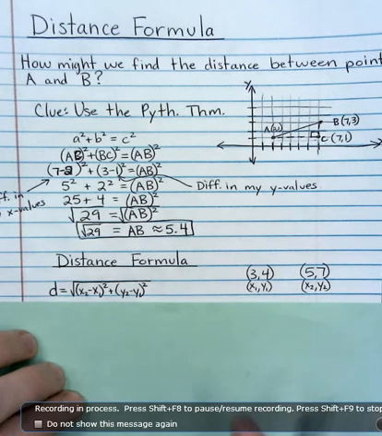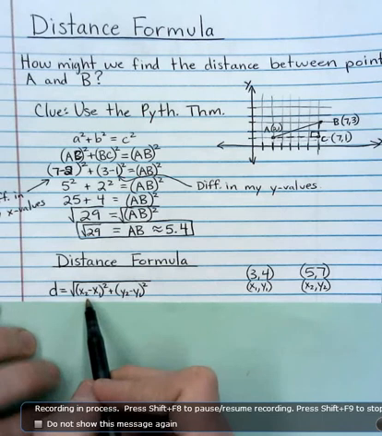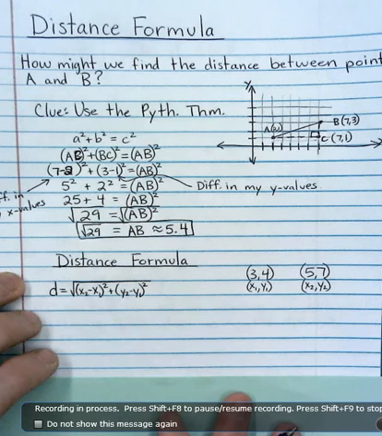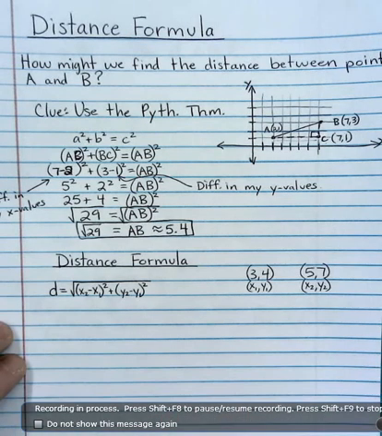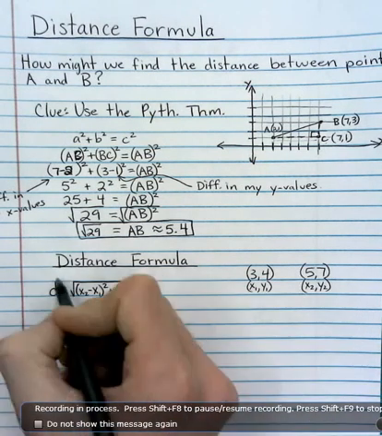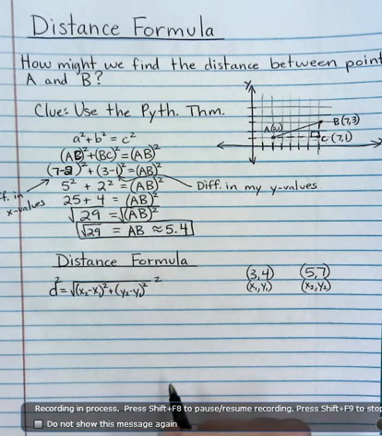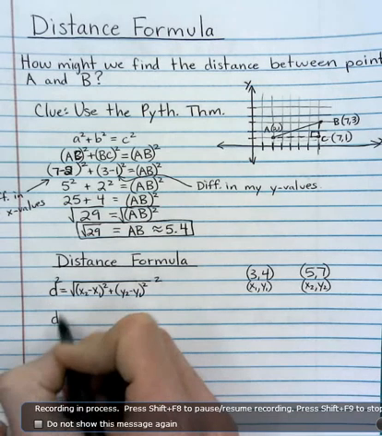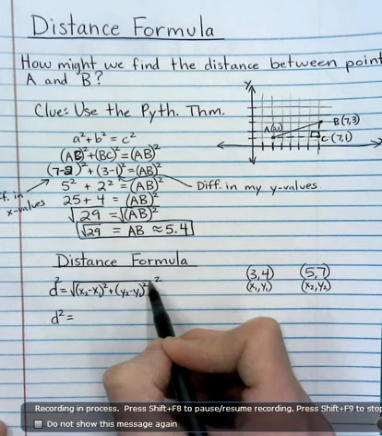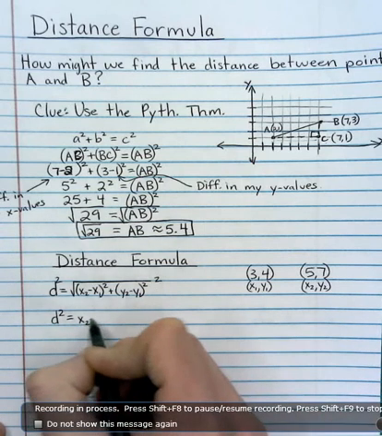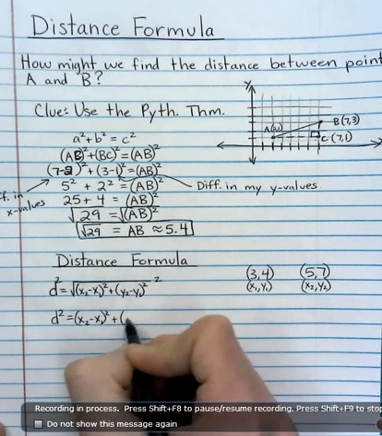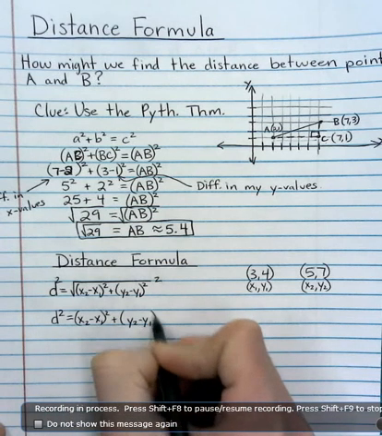So, the distance formula looks confusing, but really, since we know how to work with equations, we can manipulate this a little bit and make it look like what we already know. Since it's an equation, we can square both sides, can't we? What you're left with is d squared equals, the squared symbol and the square root cancel out, (x2 minus x1) squared plus (y2 minus y1) squared.